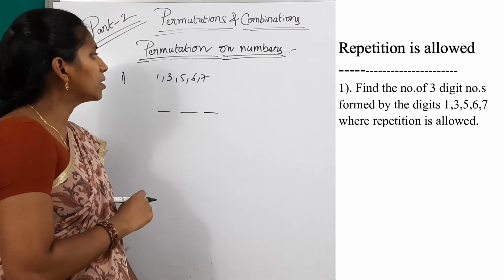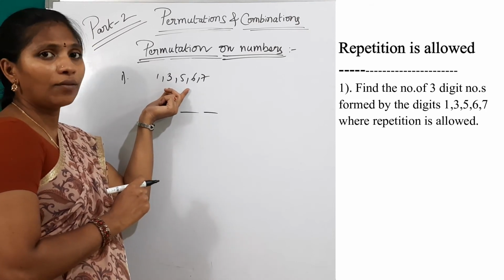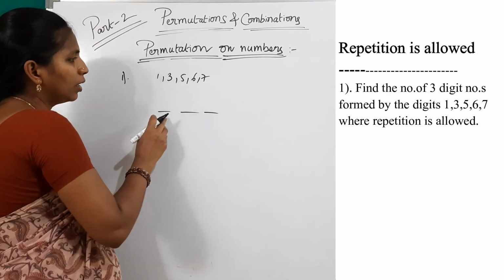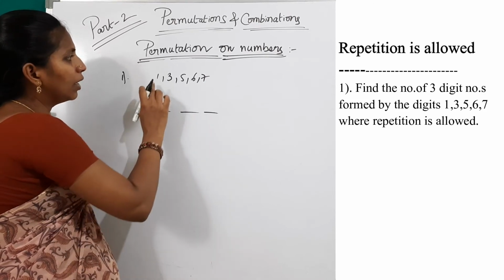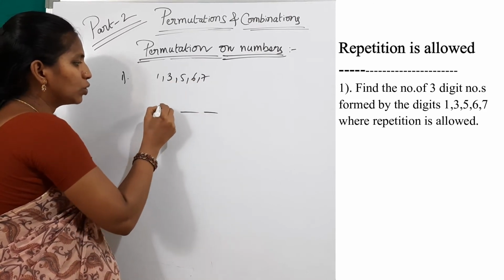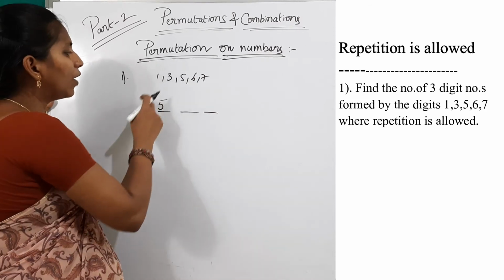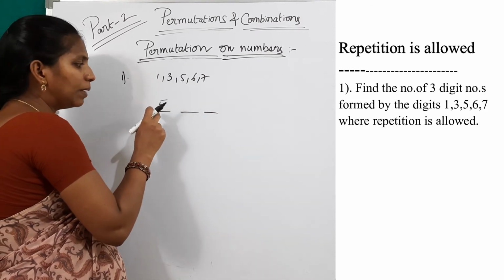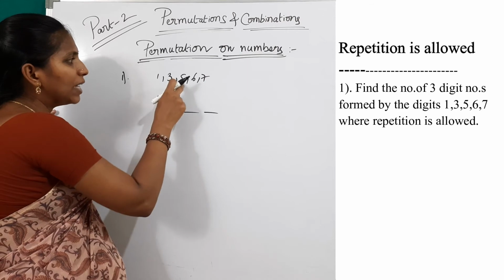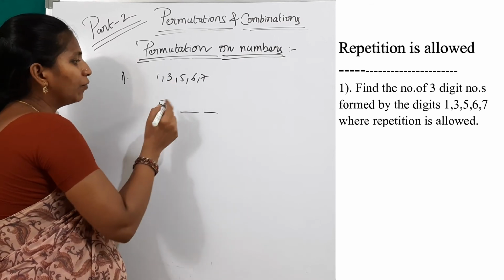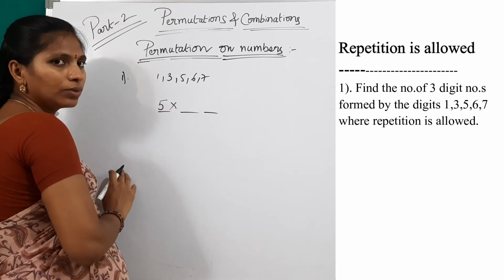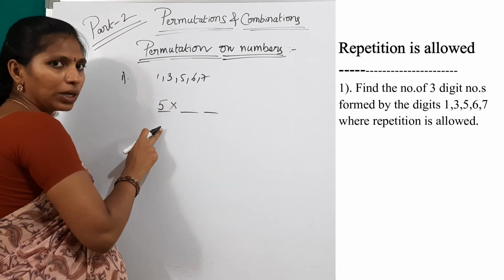How many digits? Here there are 5 digits. We have to find 3-digit numbers. So here there are 5 possible ways to place one of these 5 digits, 5 into. Here repetition is allowed.